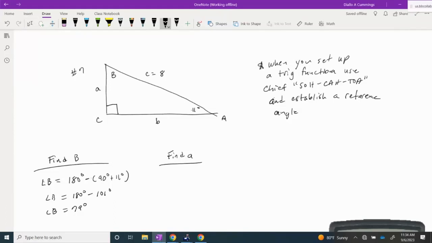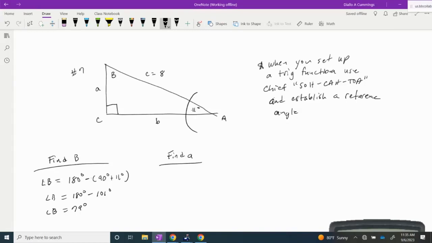In this case, I'm going to use my reference angle as the 11-degree angle. So normally, you want to make sure that you know your reference angle if at all possible. So I'm putting this little curvature just to denote that this is my reference angle, and I'm going to use SOH-CAH-TOA based on that reference angle.